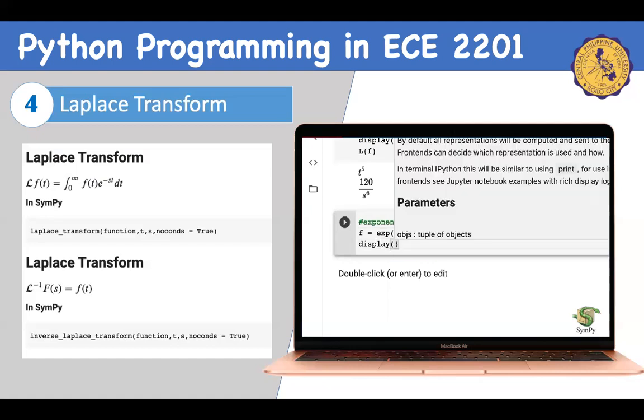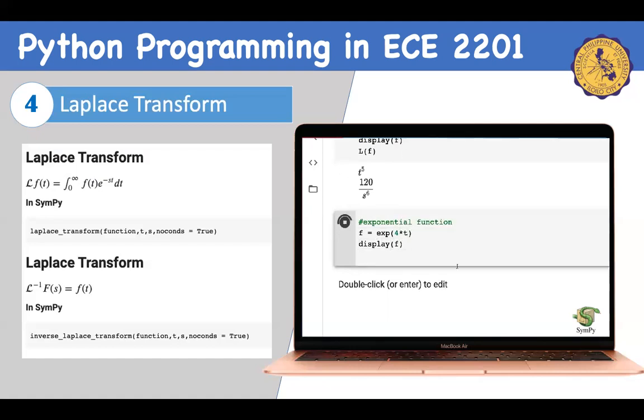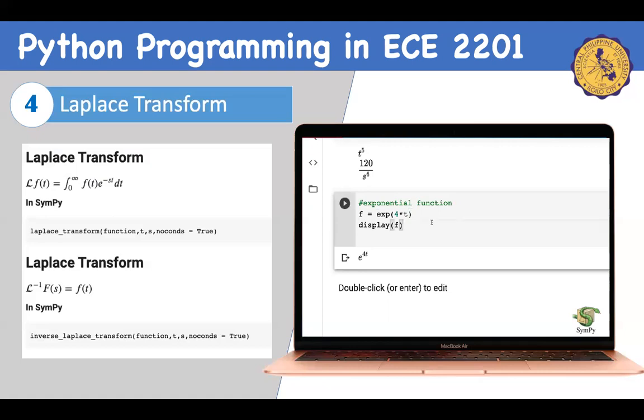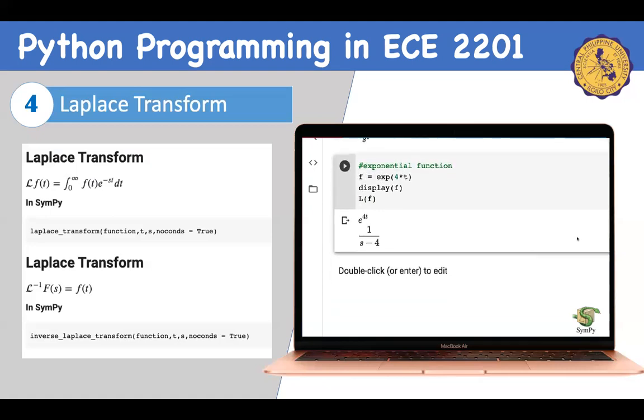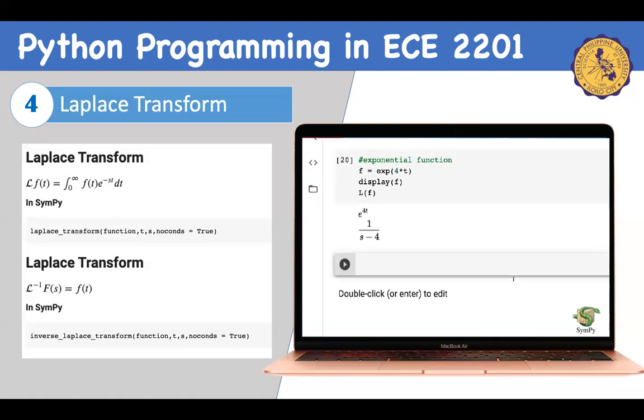We will display it first and then take the Laplace transform. Display, and then the Laplace transform is LF. Run the code. Oh, that's it. That's 1 all over s minus 4. That's the Laplace transform of your e raised to 4t.